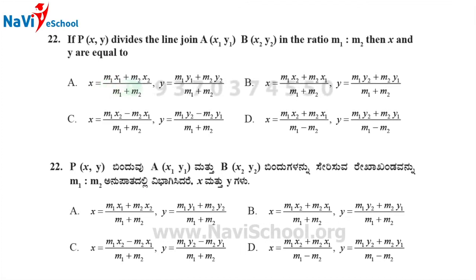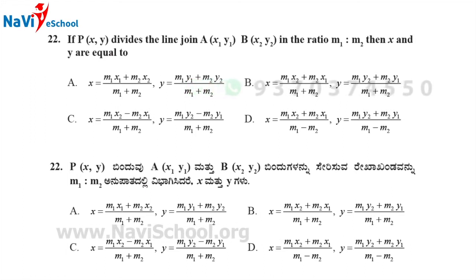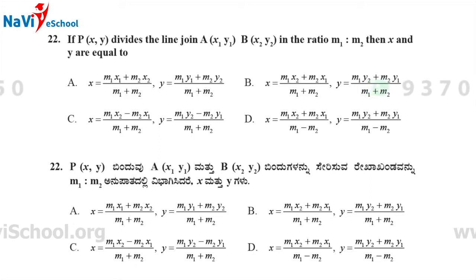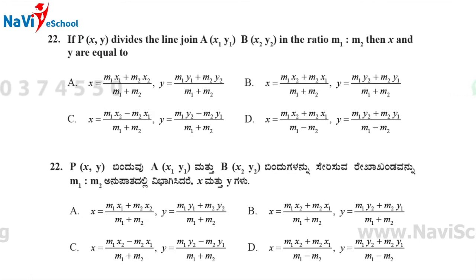Option C is x is equal to (m1 x2 minus m2 x1) divided by (m1 plus m2), and y is equal to (m1 y2 minus m2 y1) divided by (m1 plus m2). Option D is x is equal to (m1 x2 plus m2 x1) divided by (m1 minus m2), and y is (m1 y2 plus m2 y1) whole divided by (m1 minus m2).